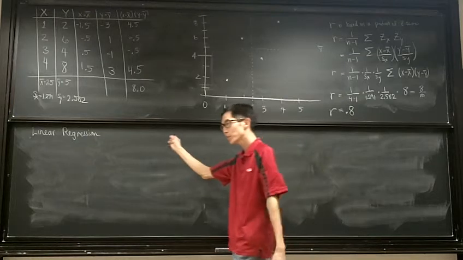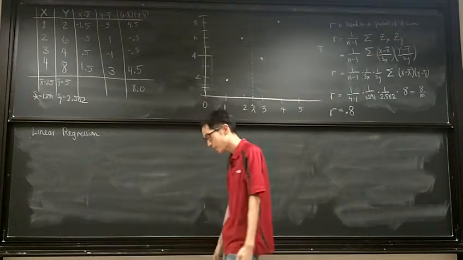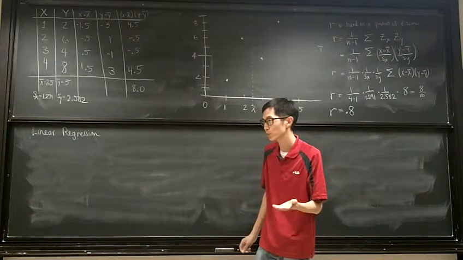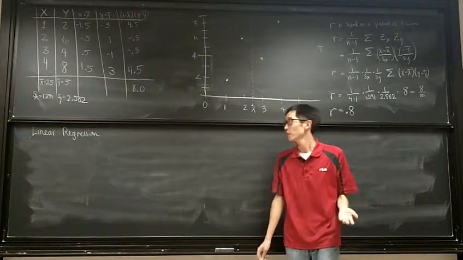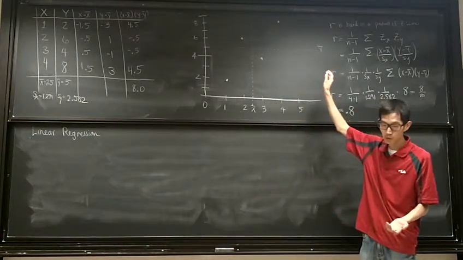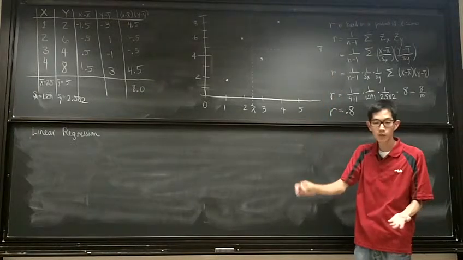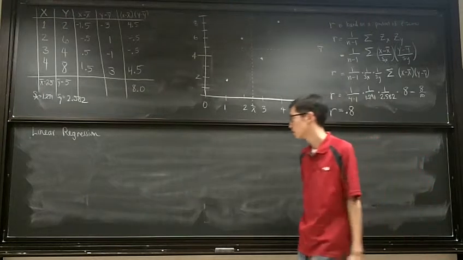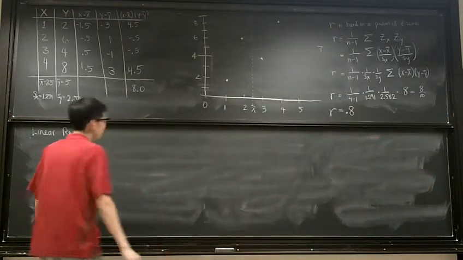All right, and the idea behind linear regression is, as I think what you're accustomed to, or what you expect, that we have some data points, and we want to fit a straight line to summarize or best describe these points.